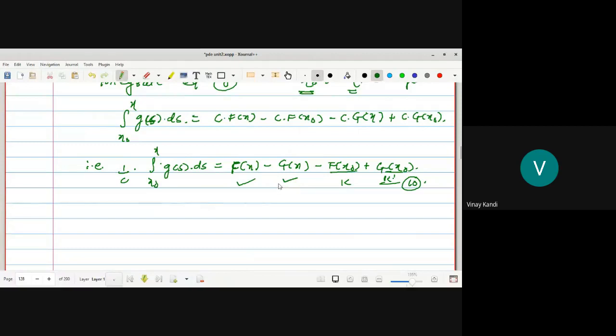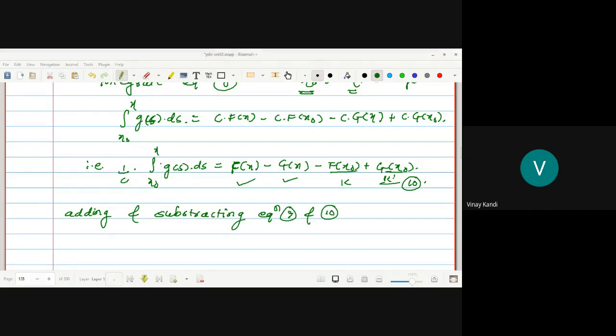So using equations 7 and 10, find the value of capital F of x and capital G of x. So we have, adding and subtracting equations 7 and 10. You have two equations and two unknowns, F and G, and you have to find their values. Can you hear my voice?